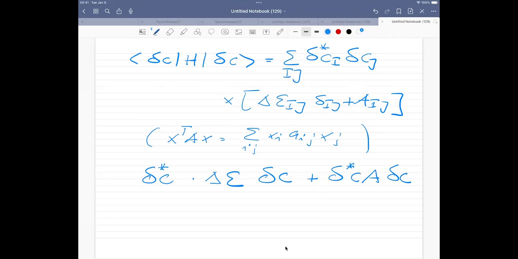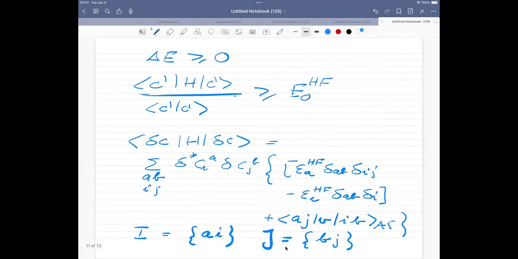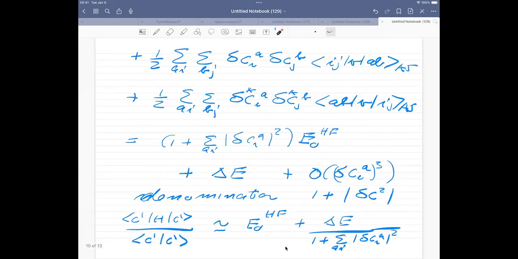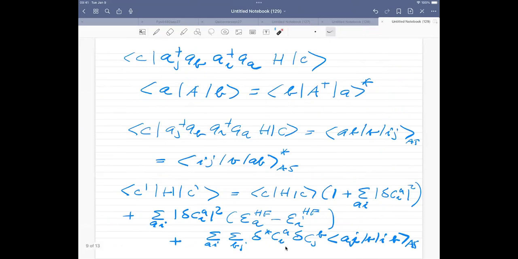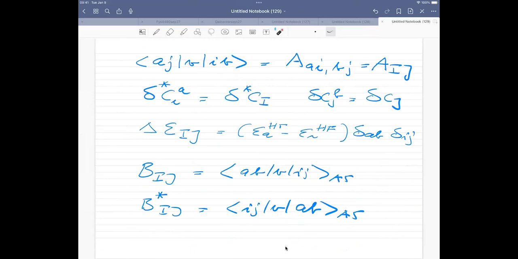So with this kind of definitions, what we are going to say now is that this is the total delta E, which is the quantity we have calculated here, which contains this term and these terms which you see here, except for the reference energy, which we now have pulled out.